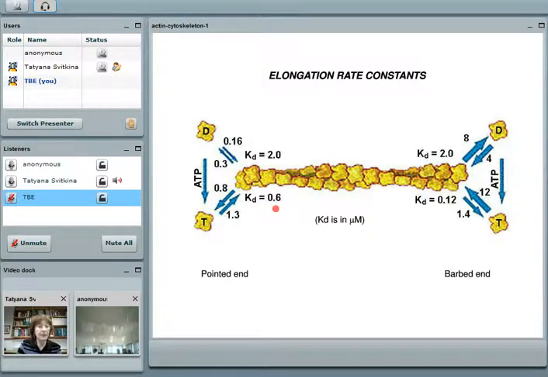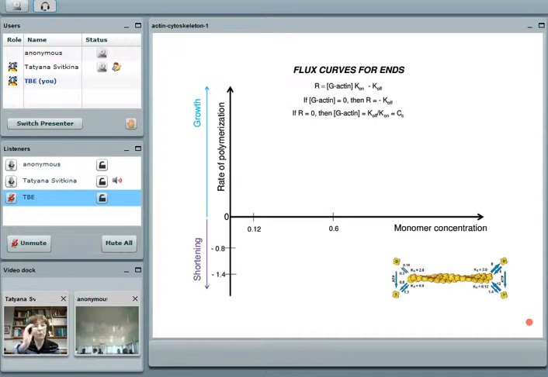So what is the significance of that? To figure it out, let's build graphs called flux curves, which plot rate of polymerization versus monomer concentration. As we talked before, let me put the curve for the barbed end first.